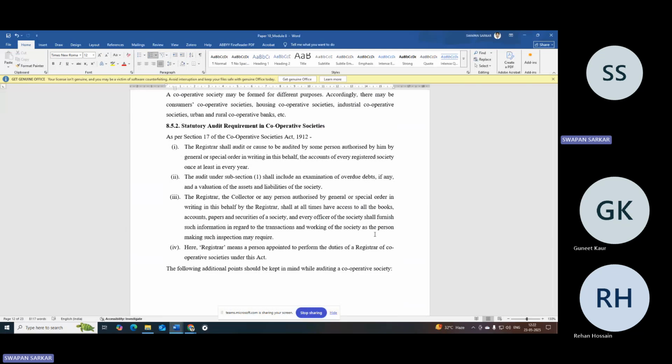Third, the registrar or any other person authorized by special order in writing in this behalf by the registrar shall at all times have access to all the books, accounts, papers, and securities of a society, and every officer of the society shall furnish such information in regard to the transactions and working of the society as the person making such inspection may require.